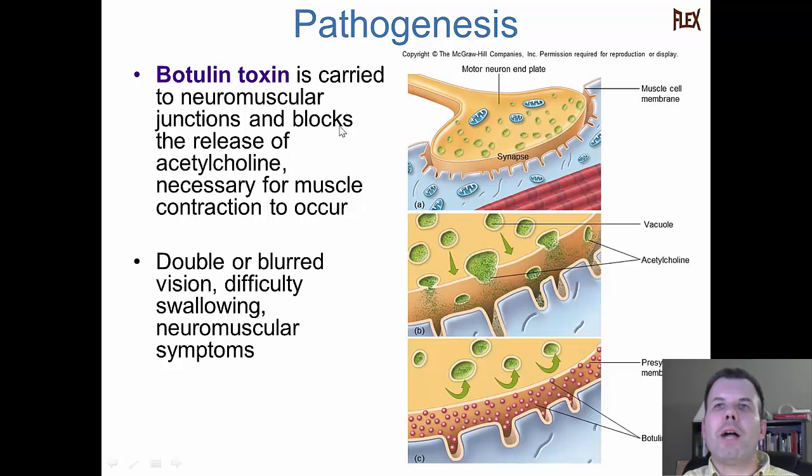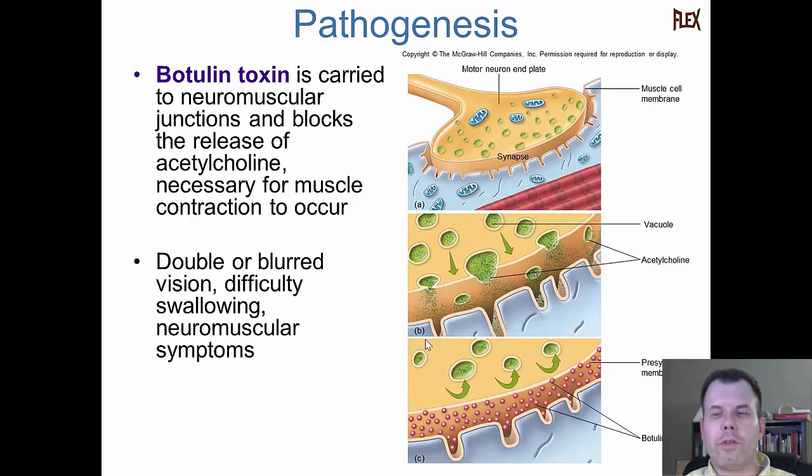Okay. What the botulinum toxin does is it goes to the neuromuscular junctions. It prevents acetylcholine from being released at the neuromuscular junction. So essentially you get no response through the nerves. The nerves can't respond and you get a flaccid paralysis.